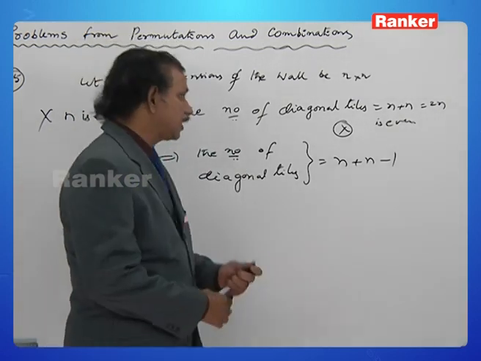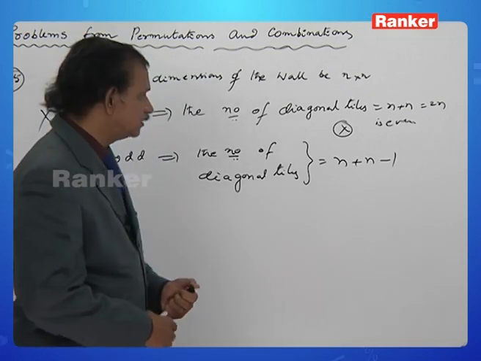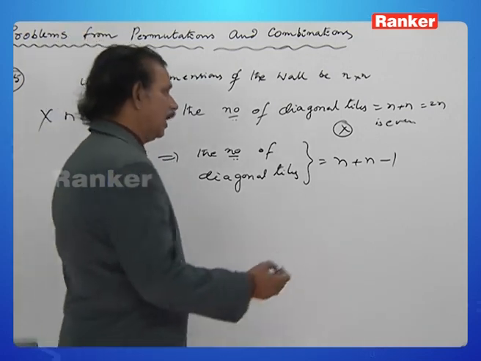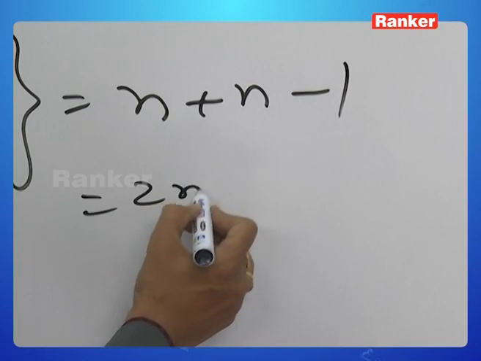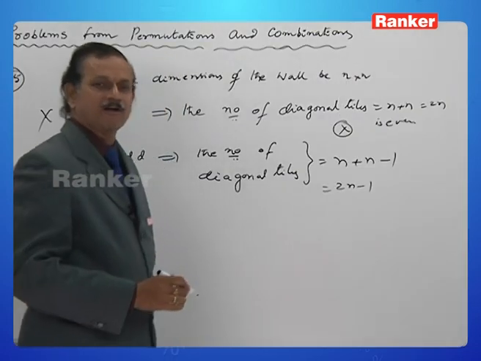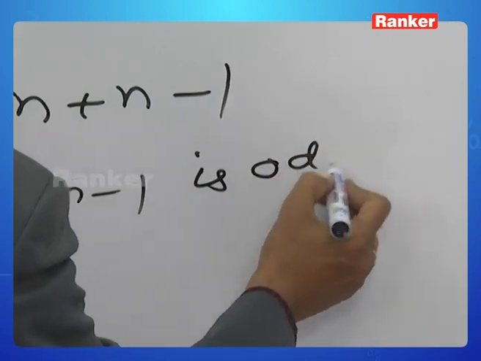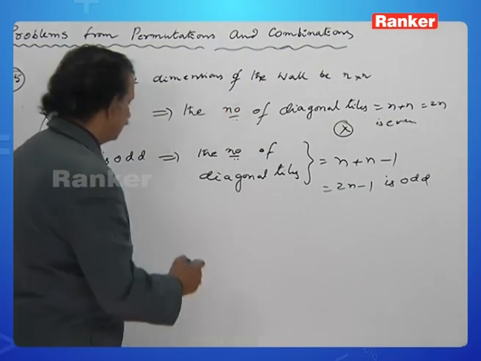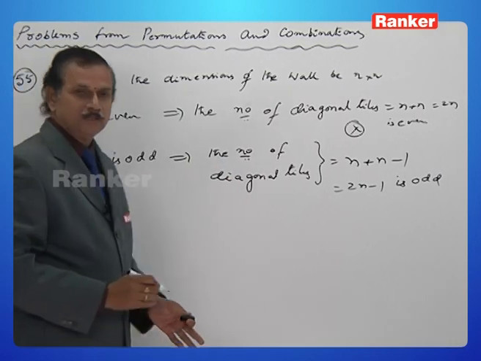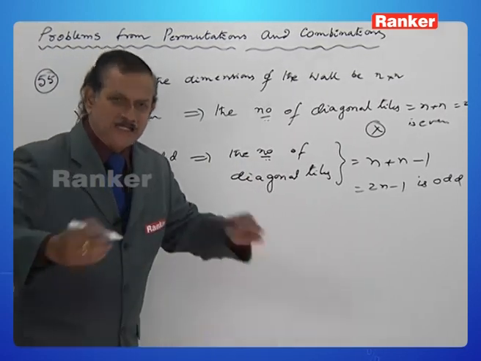Therefore, in such a case, the number of tiles will be n plus n minus 1, that is equal to 2n minus 1. Surely an odd number. Therefore, this is nothing but the number of diagonal tiles.